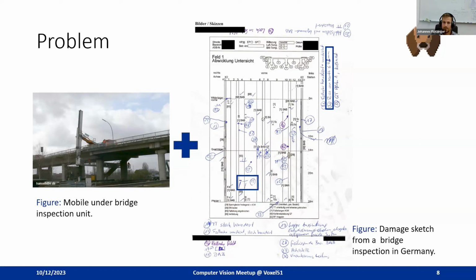So the current defect documentation is often inconsistent, error-prone, and lengthy. The currently practiced analog inspection process makes it difficult to guarantee frequent and detailed inspections. We want to make a contribution to a digital inspection for structures being more efficient.